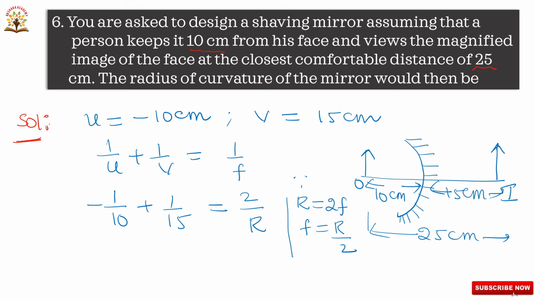Now taking LCM, 150. Minus 15 plus 10, nothing but minus 5 by 150 is equal to 2 by R. Now taking cancellation here, 5 ones are 5, 5 threes are 15.